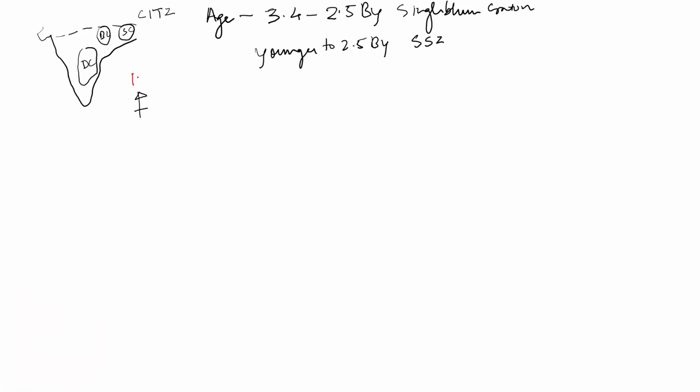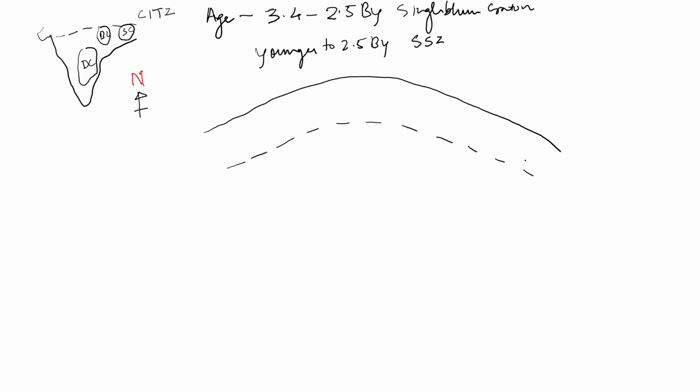So if this is the north direction over here, then let us draw now the northern boundary. The part of the Satpura mobile belt which binds the Singhbhum Craton close to this region is called the Singhbhum mobile belt.